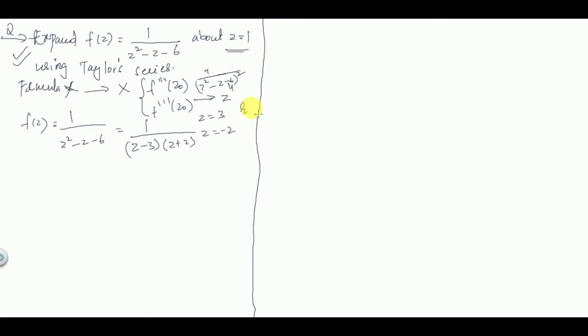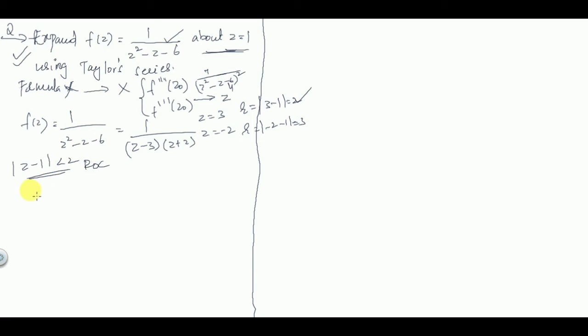Finding r: 3 minus 1 is 2, and minus 2 minus 1 gives 3 in magnitude. The least difference is 2, so the ROC is mod z minus 1 is less than 2, the ROC of this expansion of f of z around z equal to 1.